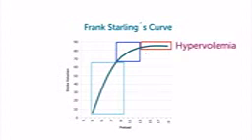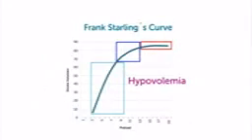But Bruno, what happens if you give volume in these different states? We have different answers from our patients. In the hypovolemic state, if we give a lot of fluids, we will have a big increment of cardiac output. That is what we need and what we want to reach.